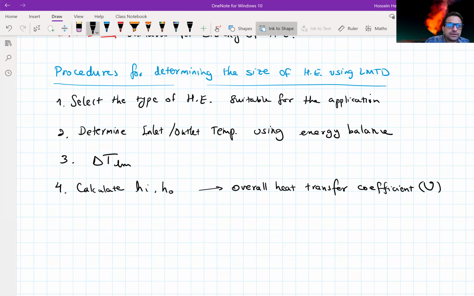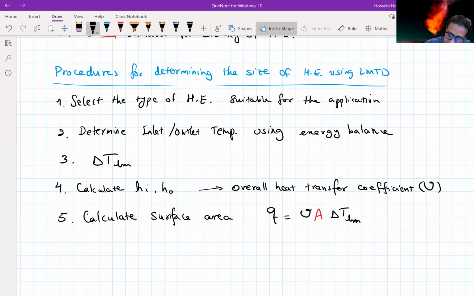Then having that, we can calculate the surface area. Remember, Q is U A delta T LM, where A is going to be the surface area required for the exchanger. So we determine the surface area.